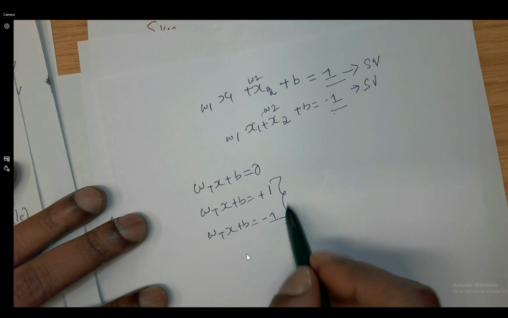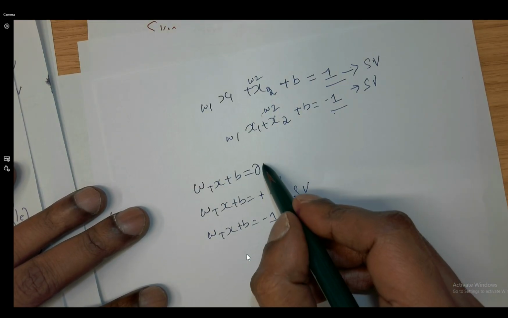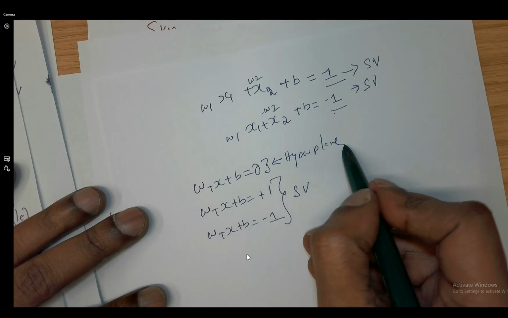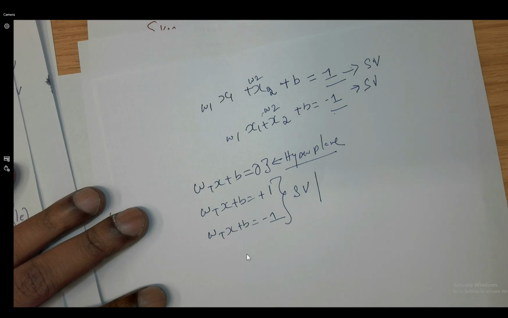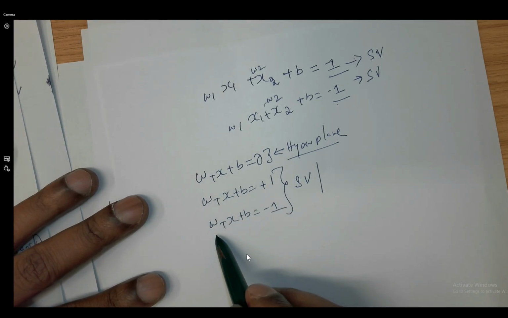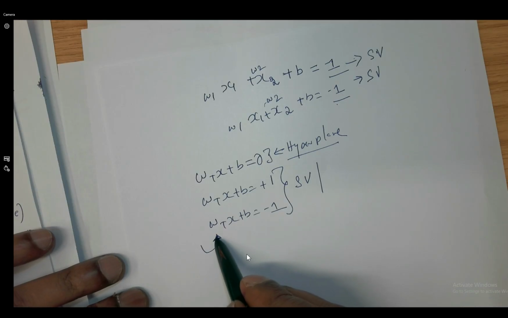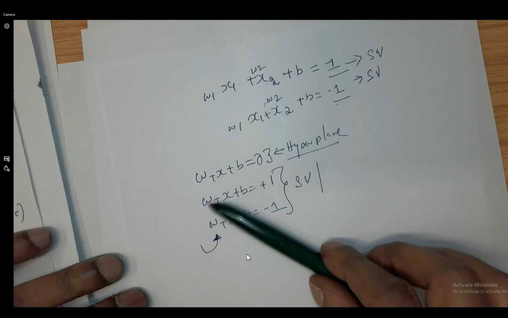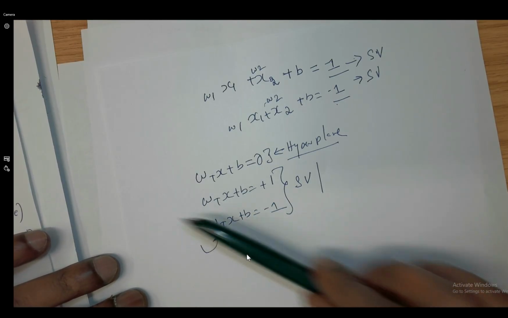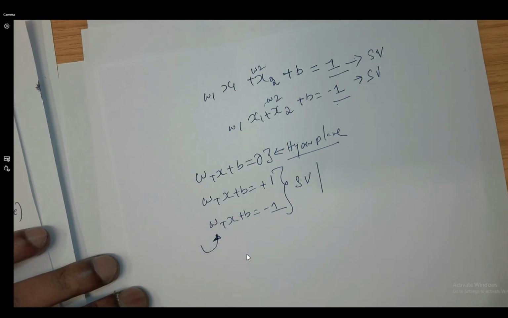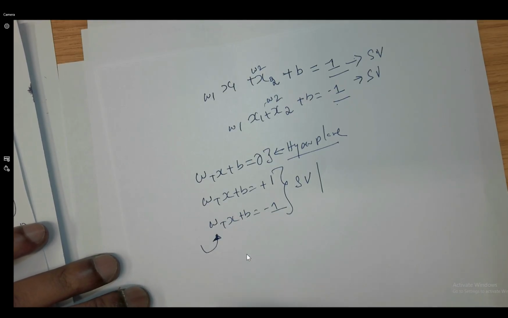So these two will be the support vectors, and this is the equation of the hyperplane. And obviously to get the hyperplane and the support vectors, the game that we have to play is to identify the direction of the vector where the separation between these two points that defines the gap will be maximum.